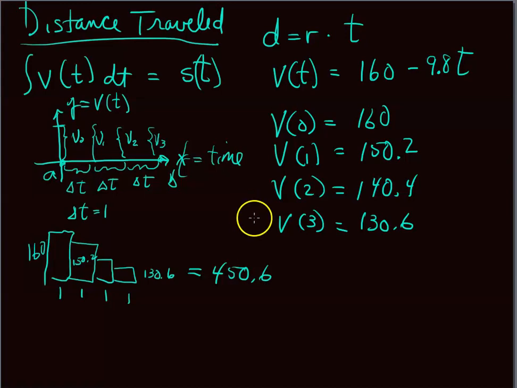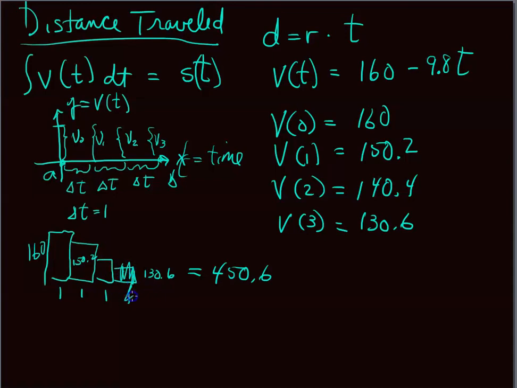Now what's important here, and I guess I didn't mention, is this 130.6. If we're using just these three for the area, then V3 is really not included in this situation.